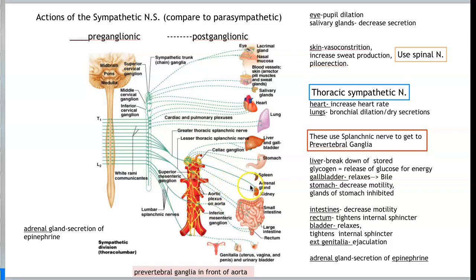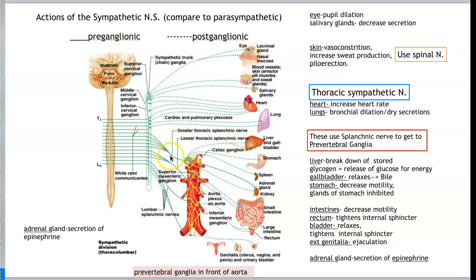And here they're showing you this adrenal gland one is not dotted. That means this is all first visceral motor neuron axon. The dotted ones are the postganglionic axons. So these are all postganglionic axons.